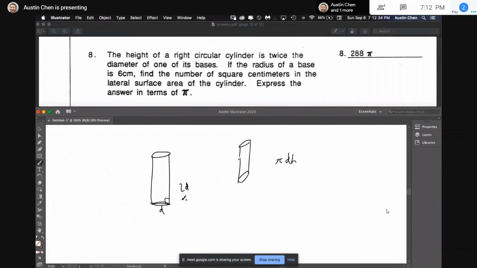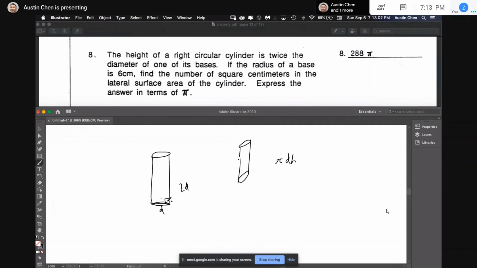If you didn't know this formula, you could figure it out on your own. The lateral surface area would be this around area, so all the surface area of the cylinder minus the two bases, because it's lateral surface area.